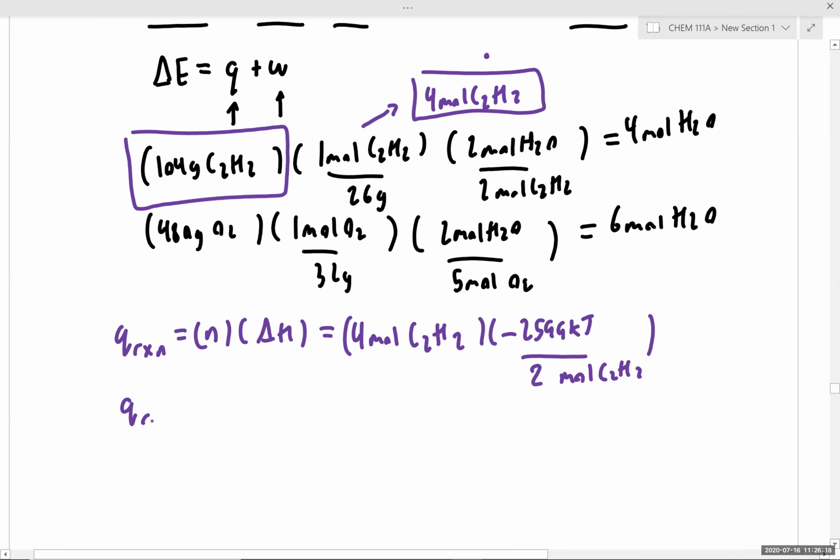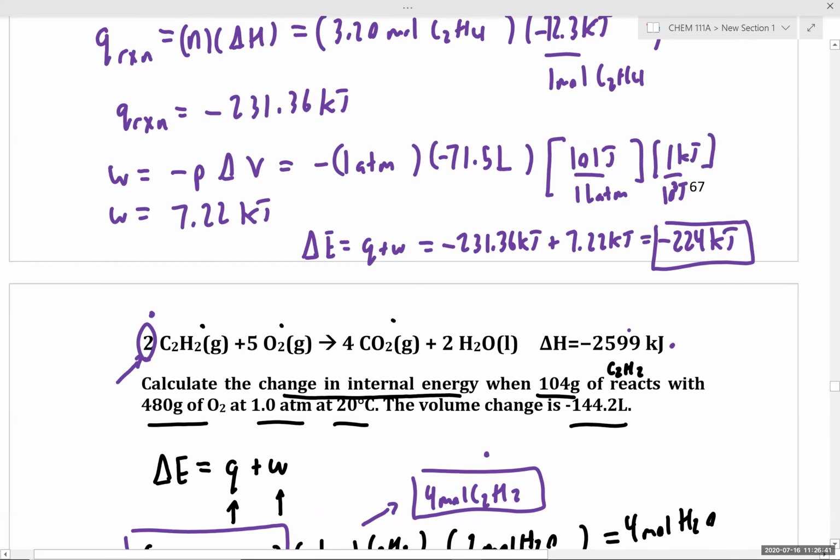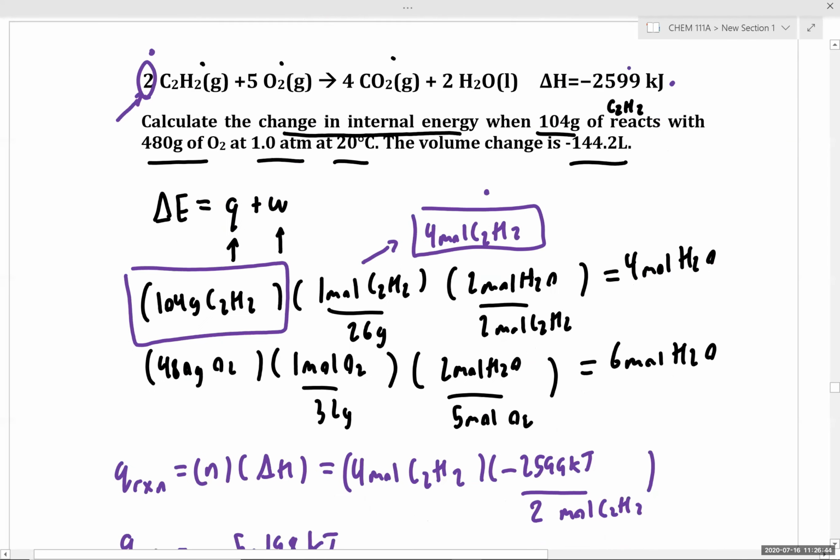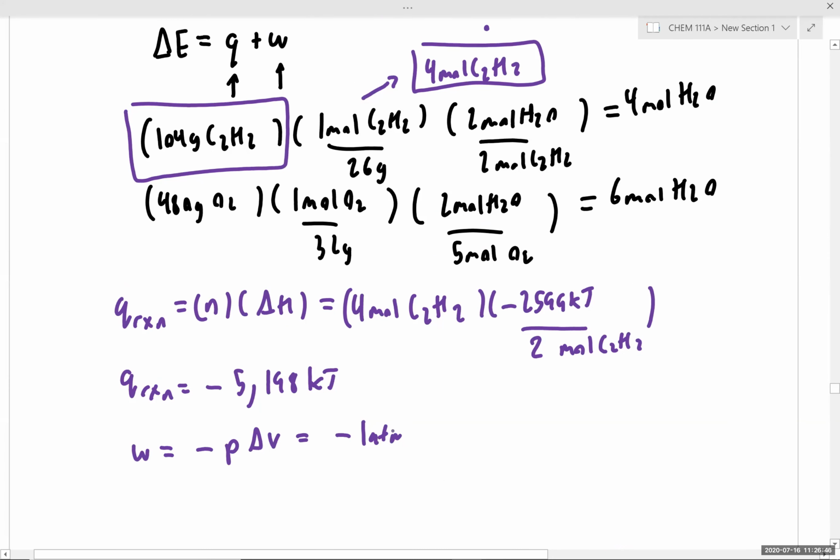Okay, and that in turn gives us a heat of reaction of negative 5,198 kilojoules. To calculate the work, we have negative P delta V. So looking at our pressure, it's 1 atmosphere. Our delta V is negative 144.2 liters.